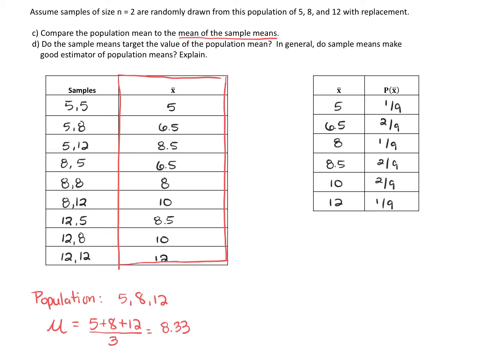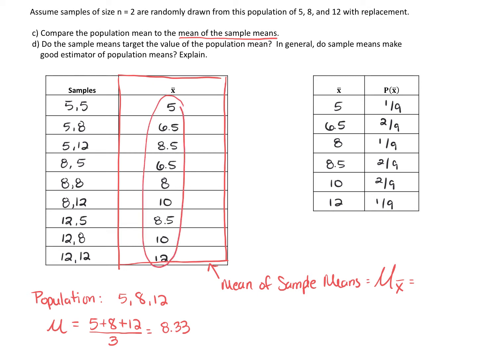If I want to calculate the mean of the sample means, the notation we use for that is mu sub x bar. That basically just means calculate the mean or the average of all of the sample means. So we can do that by adding up all these numbers and dividing by 9.